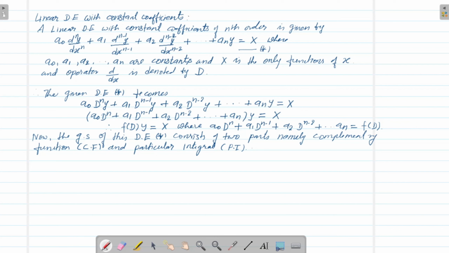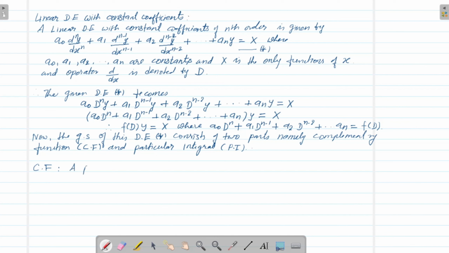A part of the general solution which contains arbitrary constants is known as complementary function. So here we define the complementary function. What is the complementary function?